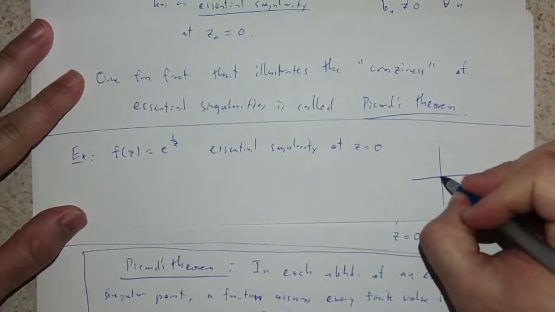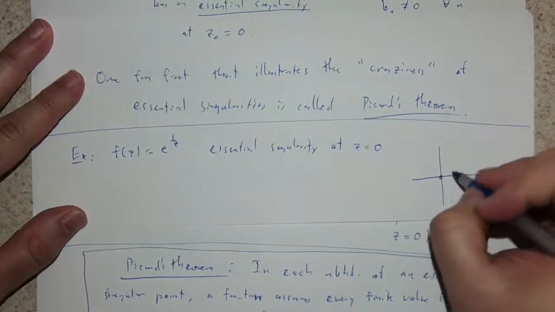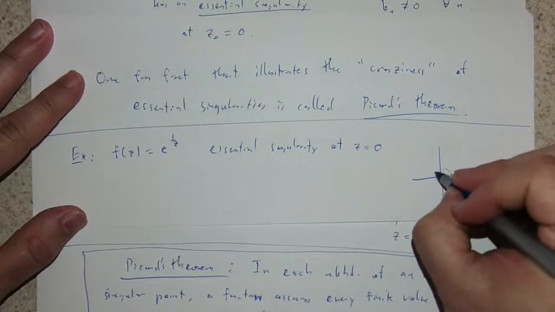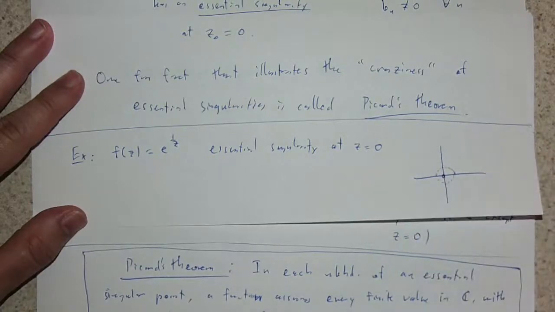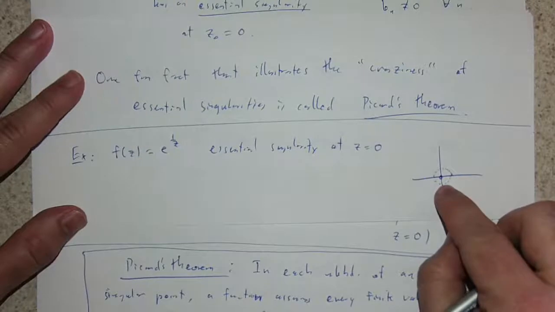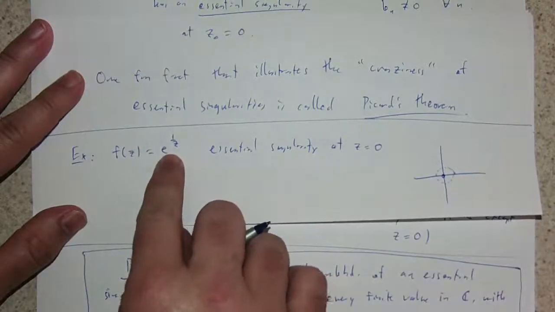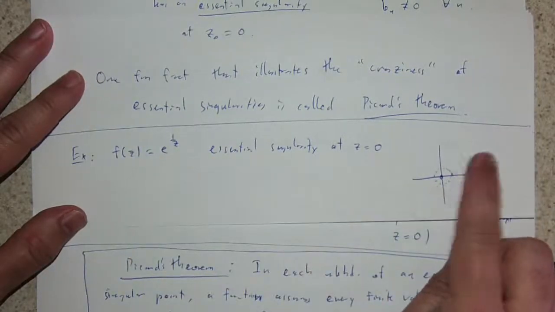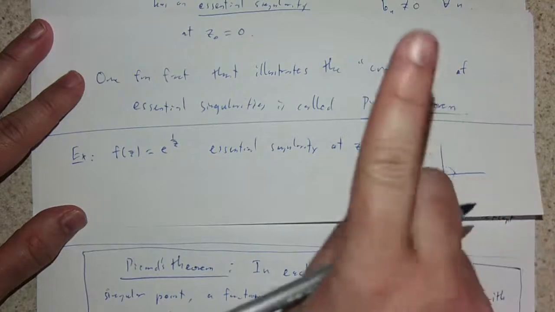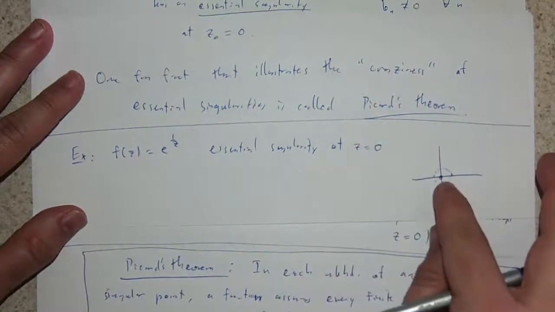Here's the singularity. Pick any neighborhood you want. There you go, there's one. In that neighborhood, e to the 1 over z assumes every possible complex value, with one potential exception, infinitely many times.